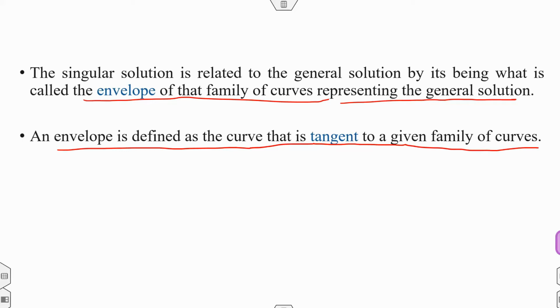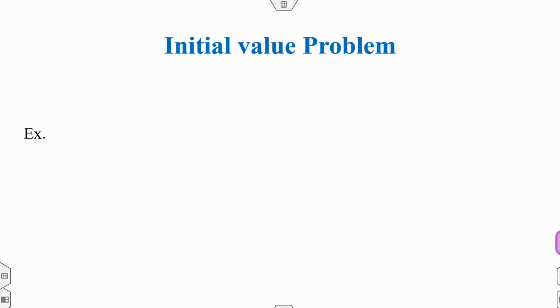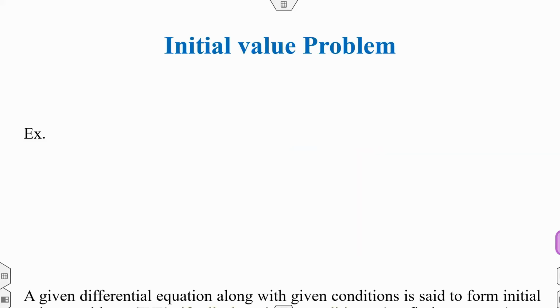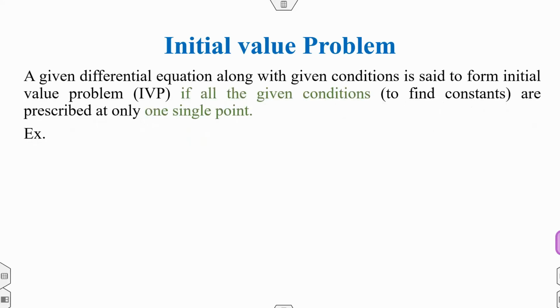Now let us see a few more terminologies used regularly. What is the initial value problem? Suppose that you have a differential equation with some given conditions. This is said to be an initial value problem if all the given conditions are prescribed at only one single point.